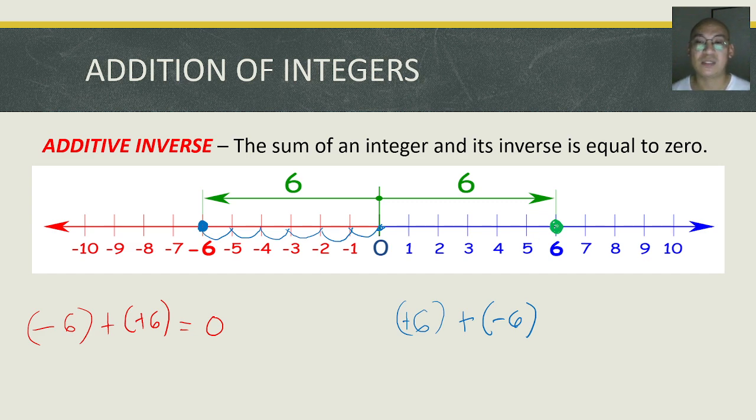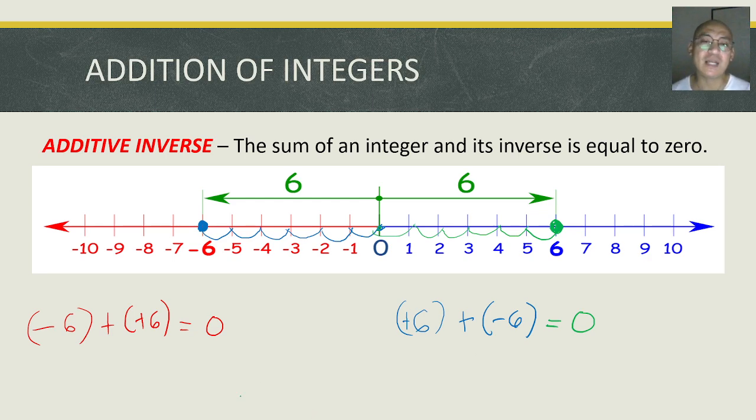So 6 units, 1, 2, 3, 4, 5, 6. We'll end up with 0. And there, positive 6 plus negative 6 is 0. Again, additive inverse: two opposite integers. If we get their sum, the answer is always 0.